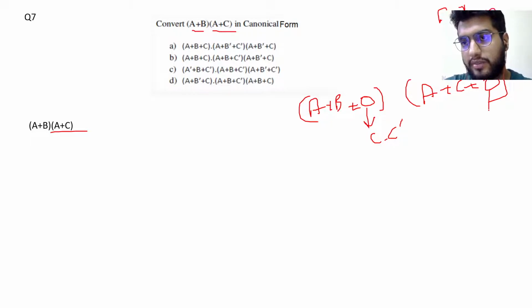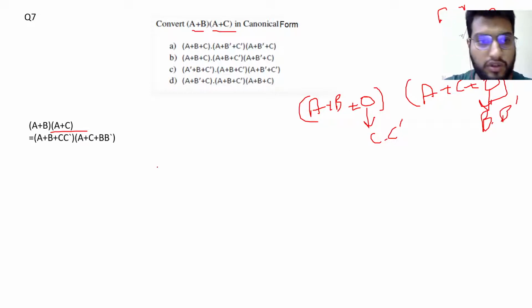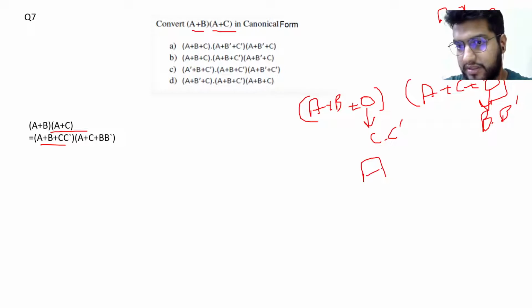And the missing term here is b, so we write it as b complement. So that's what I have written here, and now I will elaborate them. So we know we have this expression a plus bc is equal to a plus b and a plus c.